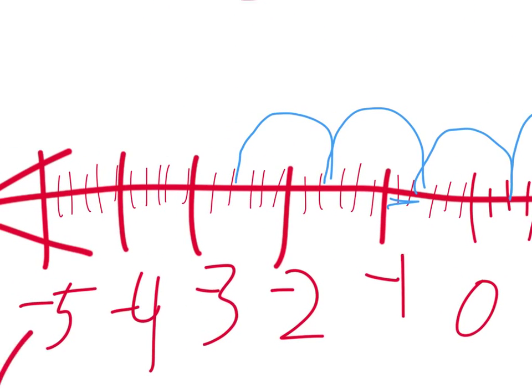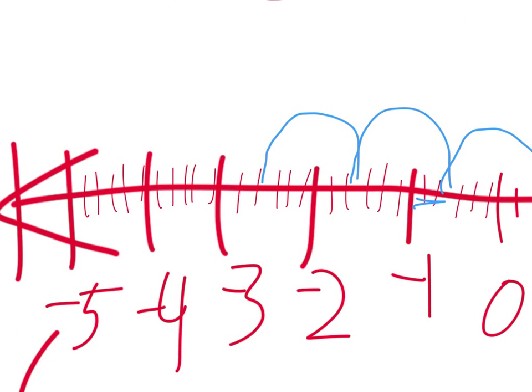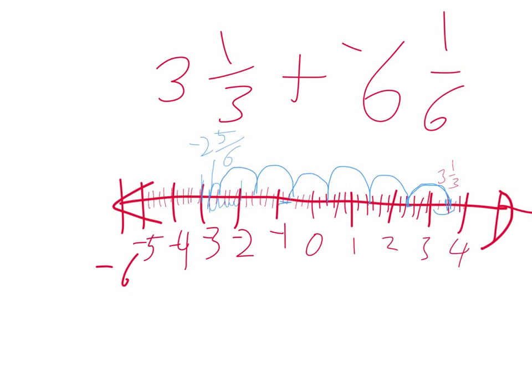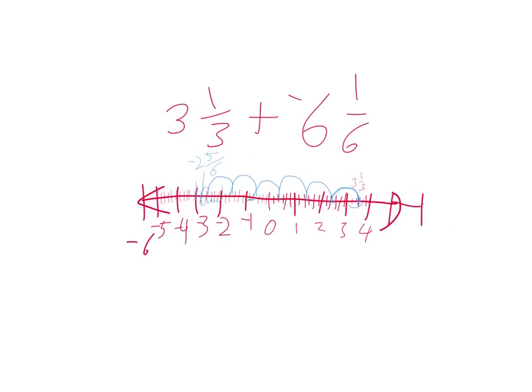So I'm back here, and I'm at negative 2 and something. I'm going to go back one more sixth to there. So I just need to figure out what this number is. This would be negative 3, and this is negative 2. 1/6, 2/6, 3/6, 4/6, 5/6. So it's negative 2 and 5/6 is my answer.